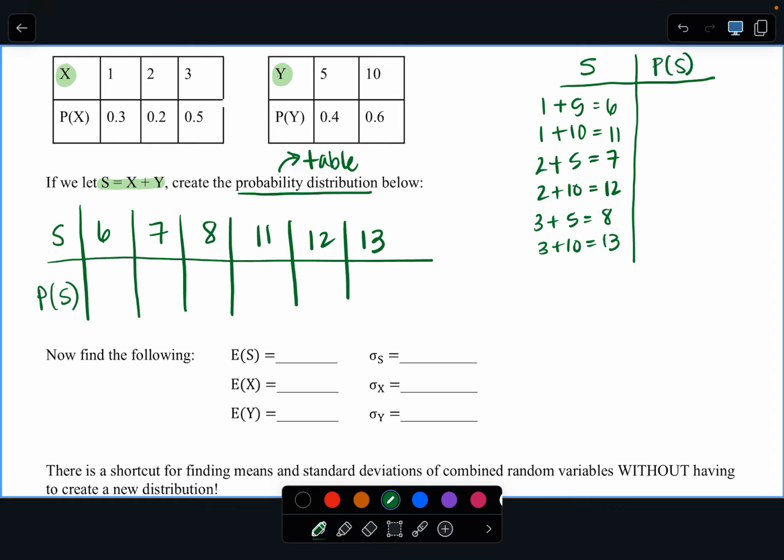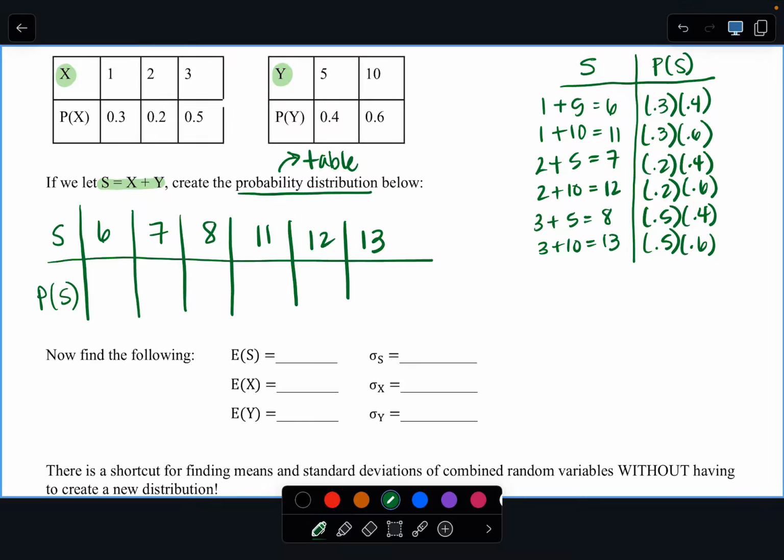To get the probabilities, we take the probability of each event. Because they're independent, we can just multiply them together. So I'm doing 0.3 times 0.4, 0.3 times 0.6, 0.2 times 0.4, 0.2 times 0.6, 0.5 times 0.4, and 0.5 times 0.6.